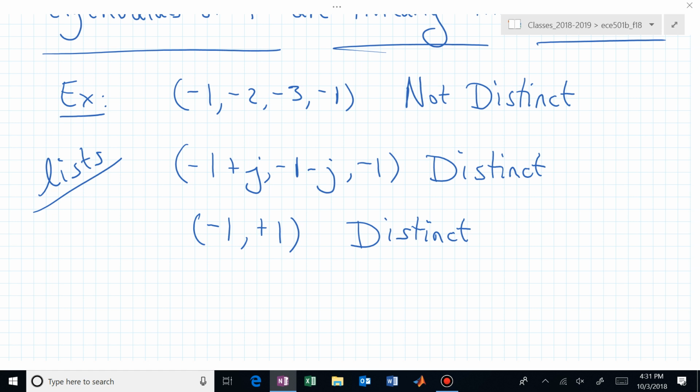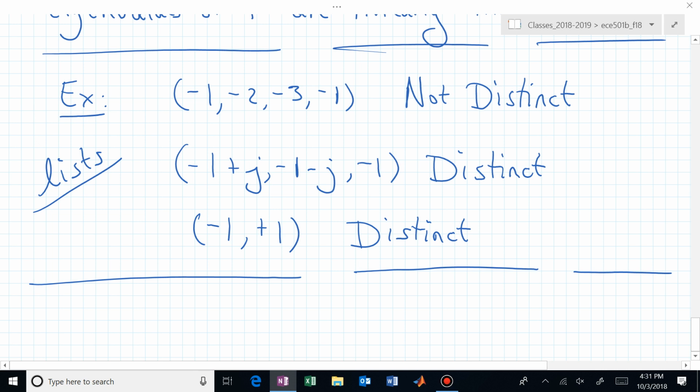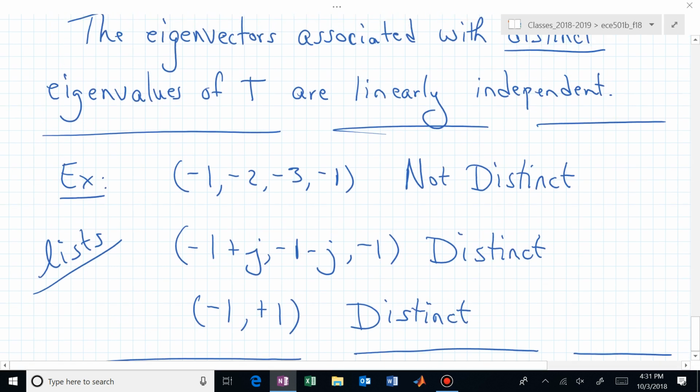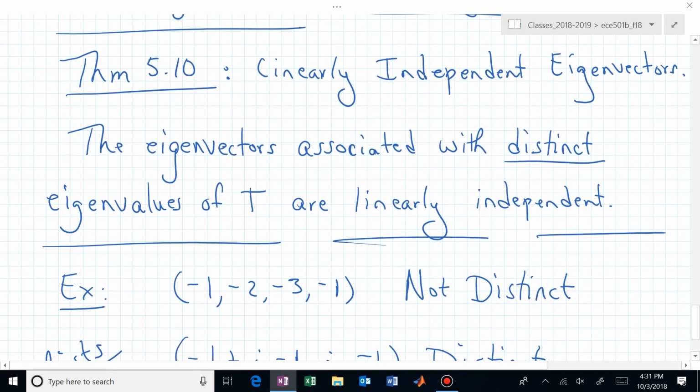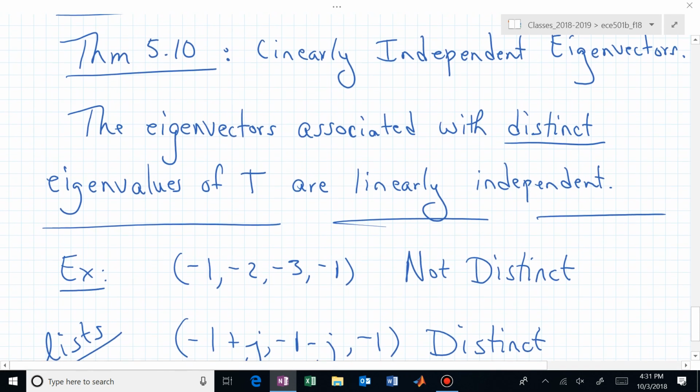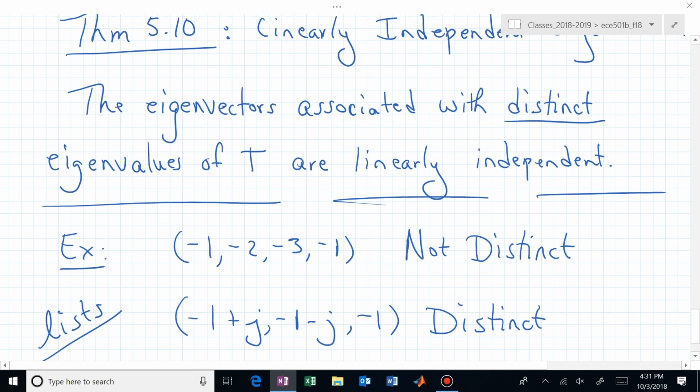If this was associated with an analog system, it would be unstable. If it was associated with a discrete system, they're both on the unit circle, that's not good either. So those lists are not good for various reasons. All right, so now we know about distinct and not distinct lists. Let's see if we can prove this theorem.